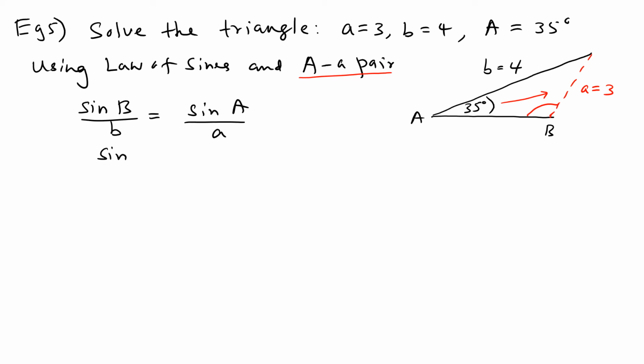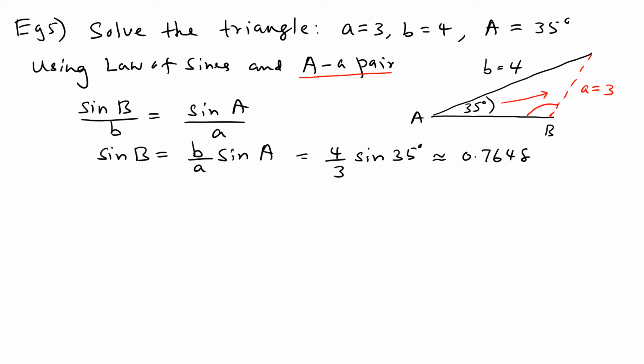So that means sine B equals B over A times sine A. Plugging in, this is going to be 4/3, because B equals 4 and A equals 3, times sine of A equals 35. If you use a calculator, you can see that this is going to be 0.7648. That's a good value, because sine can be between 0 and 1, since these are positive values.